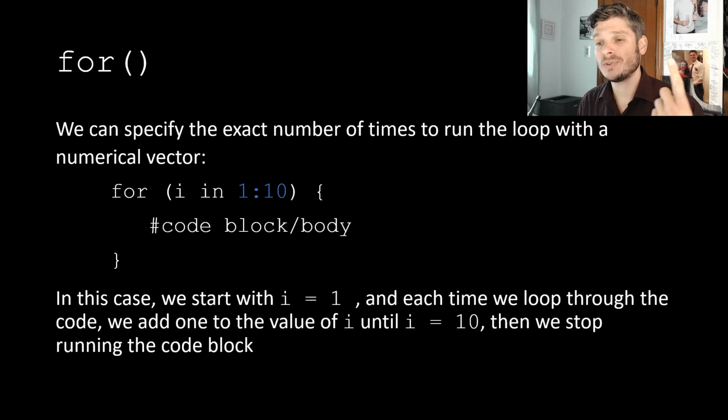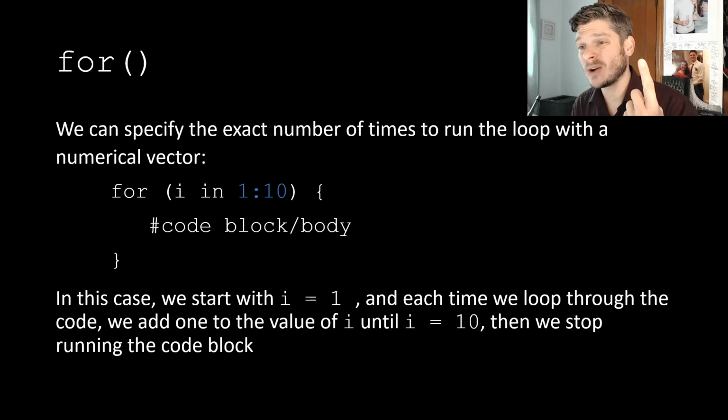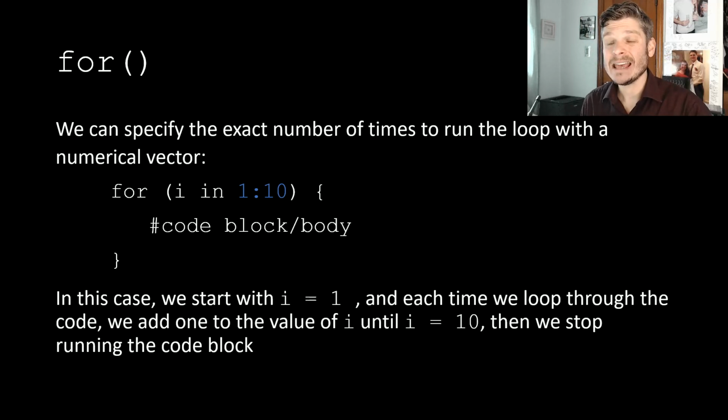Each time we run through the loop, we add 1 to our counting variable. So it's 1, we run through the loop, then it becomes 2, then 3, then 4, then 5, all the way till we get to 10. And when we hit 10, that's when we stop running our for loop. If I want to run it a specific number of times, and I know that number of times, this is probably the best way to do it: 1, and then whatever our stopping number is going to be. In this case, we're going to run through it 10 times.